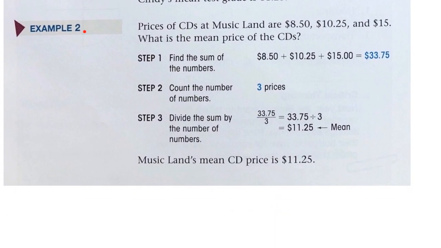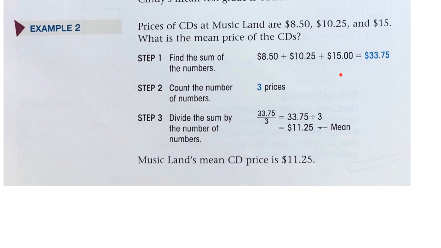So here are some prices of CDs at Musicland: $8.50, $10.25, $15. So what's the mean price of these CDs? First, get the sum of the numbers, add them all up, $33.75. Now count the number of numbers.